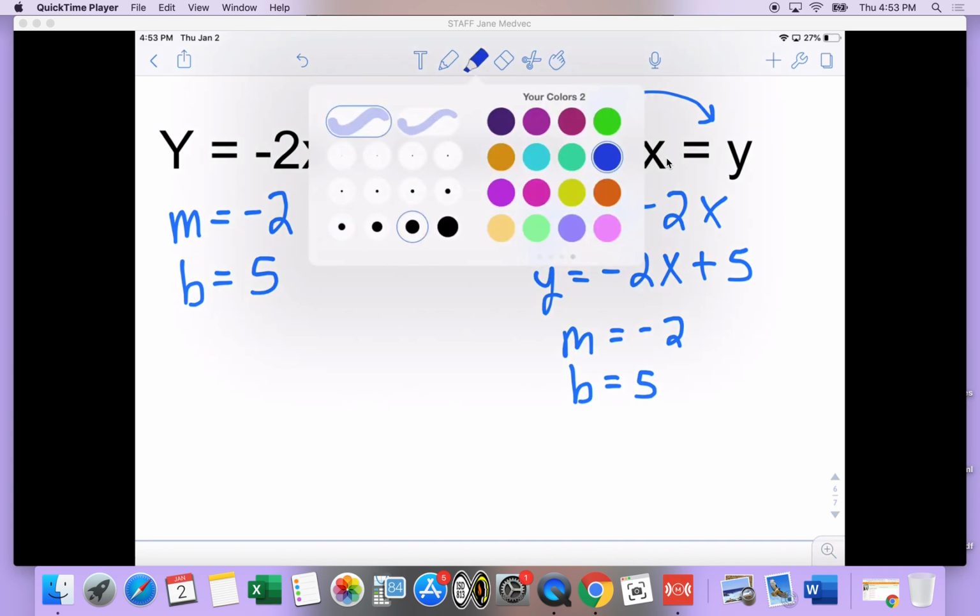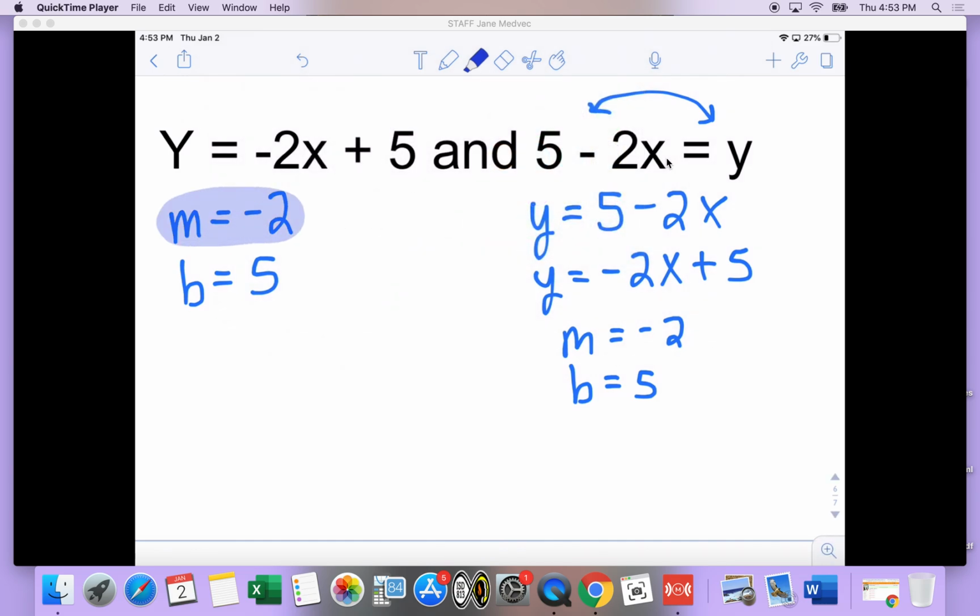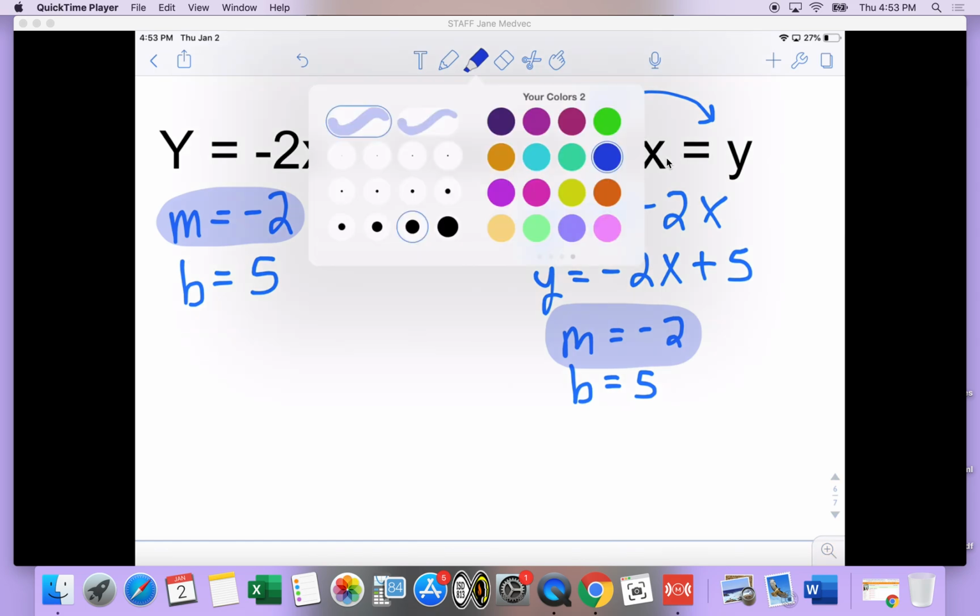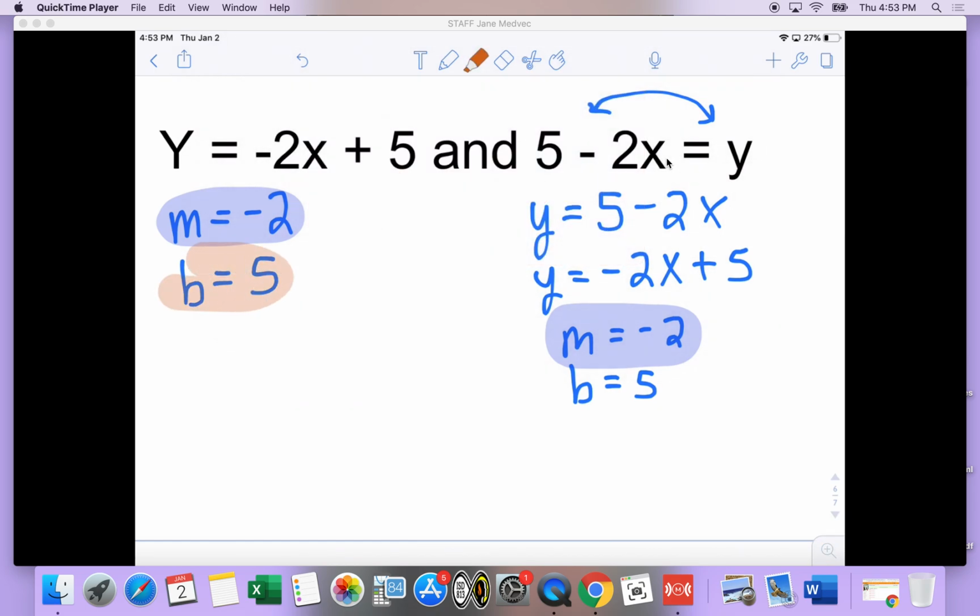All right, so if I take a look at this, my m is -2, my m is -2. Hey, you're thinking, they're parallel. This is great. However, we got a problem because my m's are the same, but if I take a look at my b's, this is 5 and this is 5. So they aren't different, they're the same.